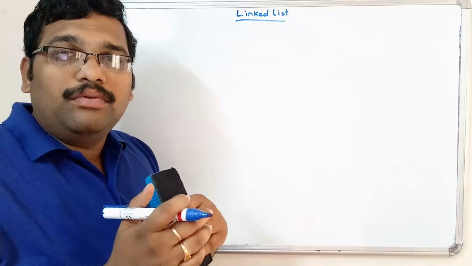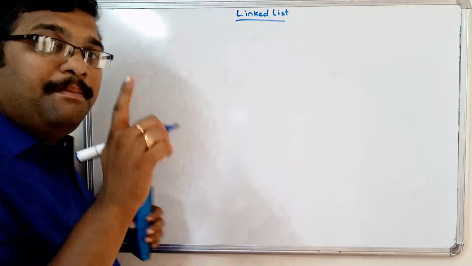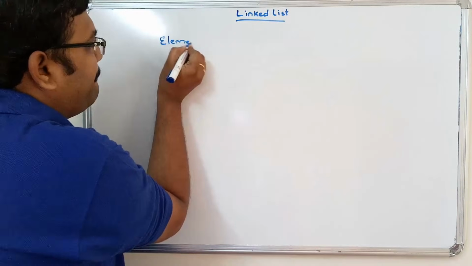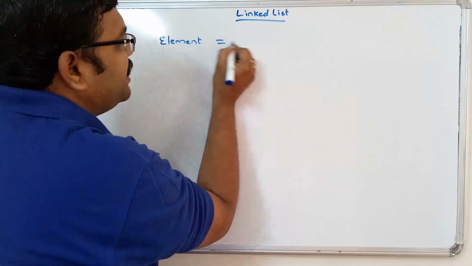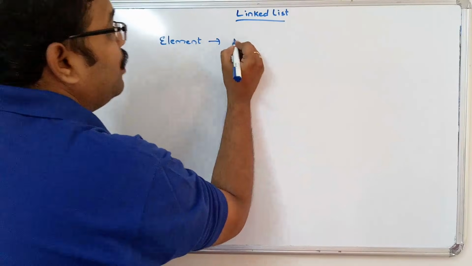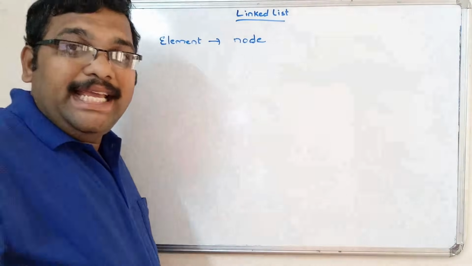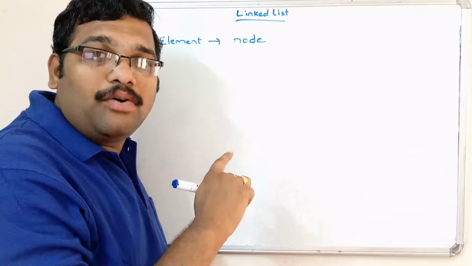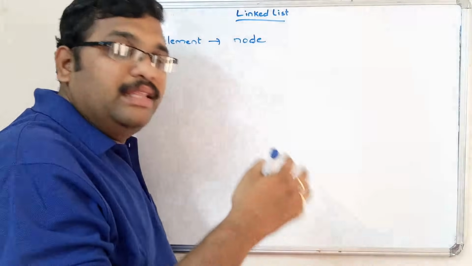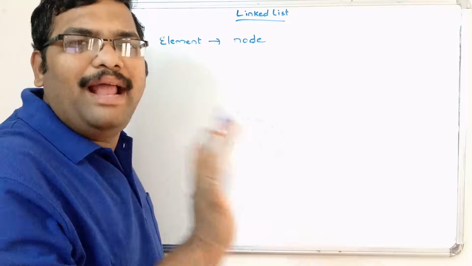For this we need to create a structure for a node. So here an element is represented as a node. Because a node consists of two fields. Previously in arrays, an element means only one field, that is a value.